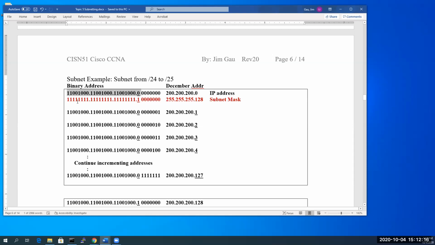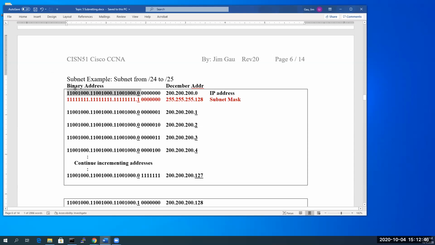So the network is 200, 200, 200, and the first bit 0 of the last byte, because it's not cut at the decimal point where we can easily say that. So we have to go by the bit. This network is 25 bits, and its network is 1100 1000, and keep reading it, and then with that 0 here at the end.